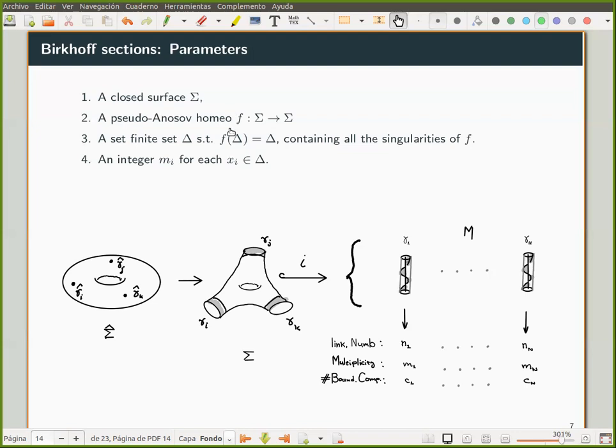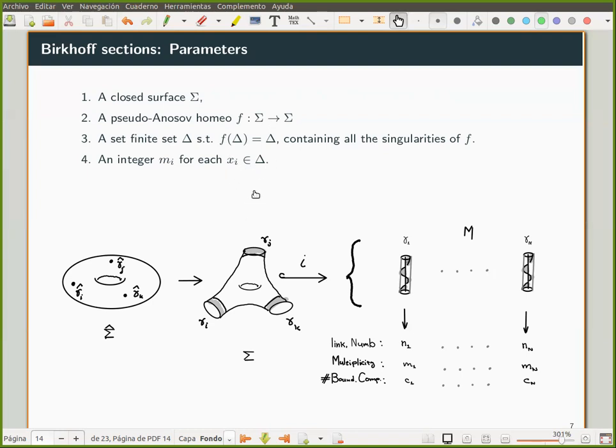the parameters associated with a Birkhoff section is the data of a closed surface sigma hat, a pseudo-Anosov homeomorphism on this surface, a finite set of periodic orbits of the pseudo-Anosov, which are the points that we are going to use to blow up, and some integral coordinates associated with the embedding on the boundary.